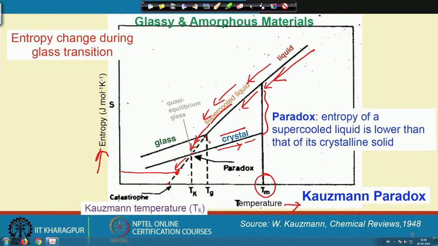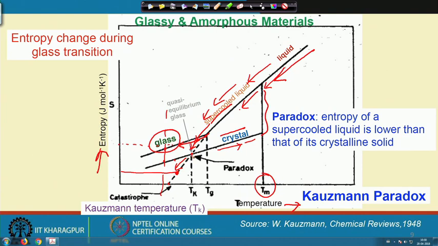How? At a transition temperature, a phase transformation will occur, and the undercooled liquid transforms into a glassy phase. You can see that the glass has a much higher entropy level at any given temperature than the crystalline phase.